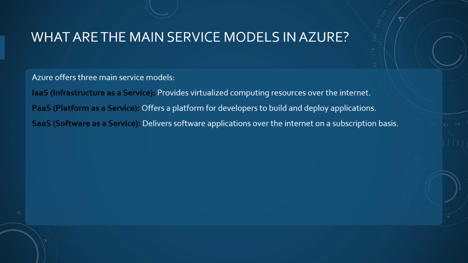Platform as a service offers a platform for developers to build and deploy their applications, and software as a service delivers software applications over the internet on a subscription basis.